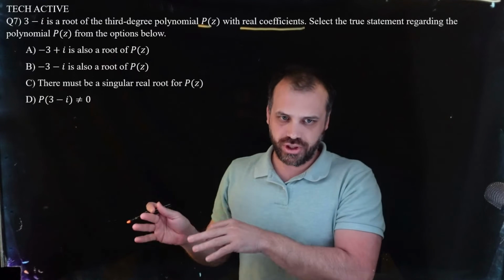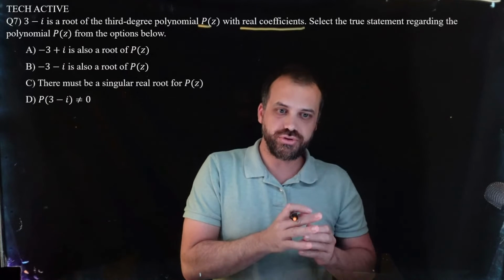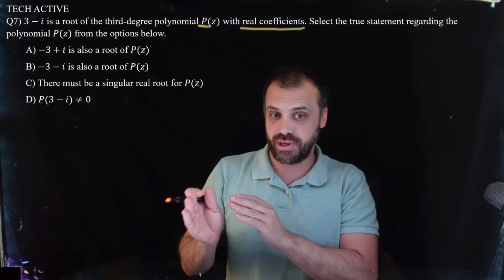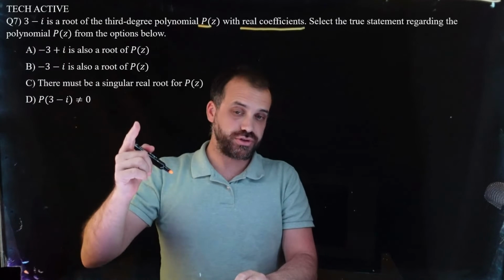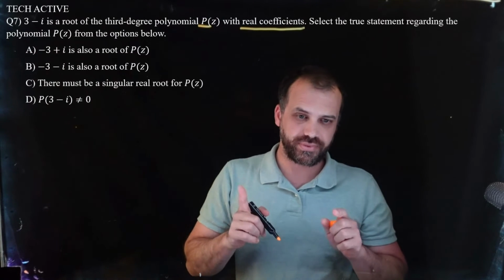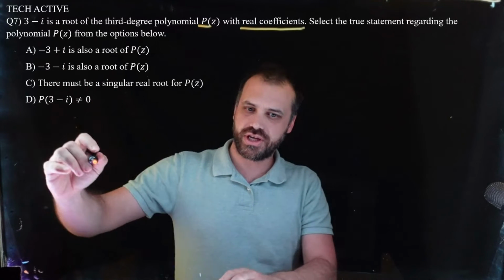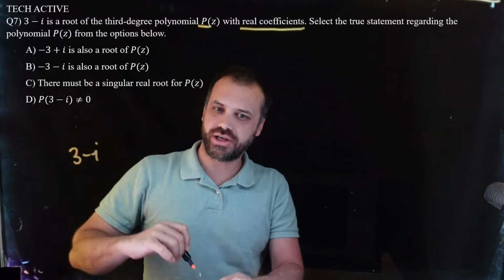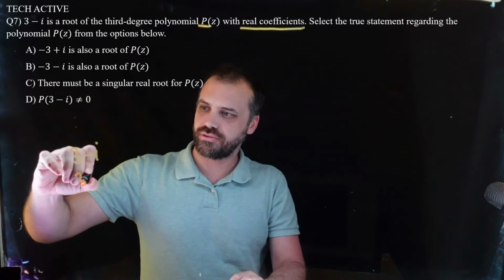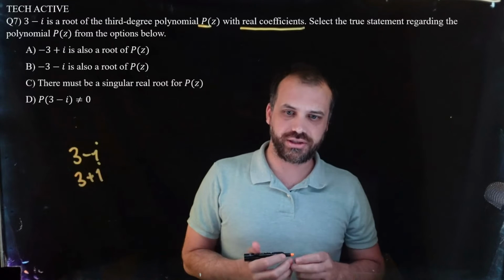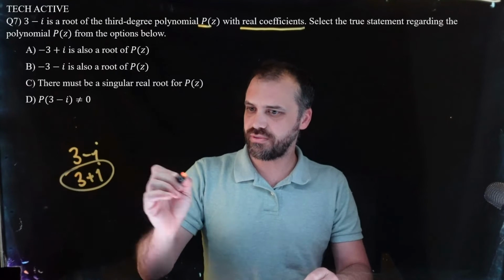Only when there are real coefficients can you say that the roots are going to come in conjugate pairs, right? So we can see here that there is a root 3 minus i. That means that if there is a root 3 minus i, there must be another root, 3 plus i, right? That's another one of our roots.